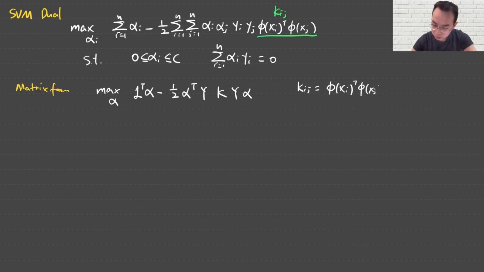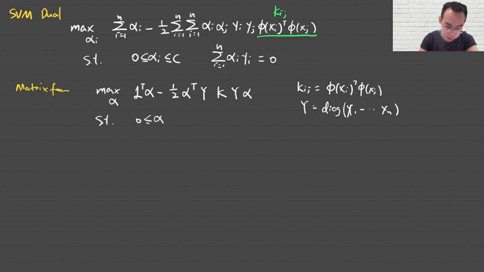And then y is a diagonal matrix that has all the y values, y1 all the way to yn. Then we also have the constraints: alpha greater or equal to 0, smaller or equal to C. We also have alpha transpose y equals 0.